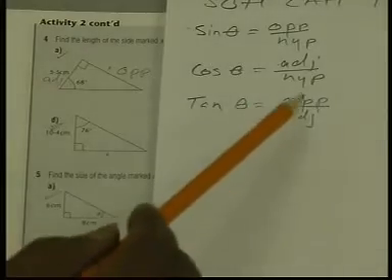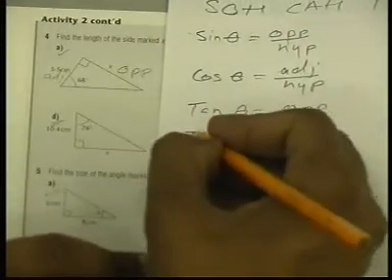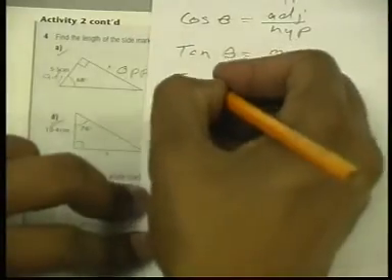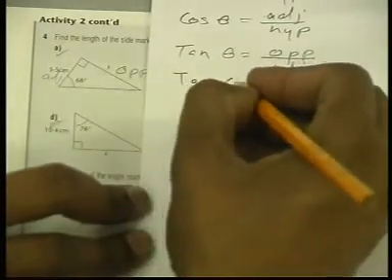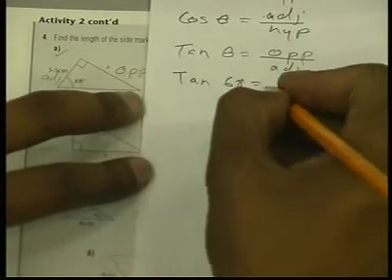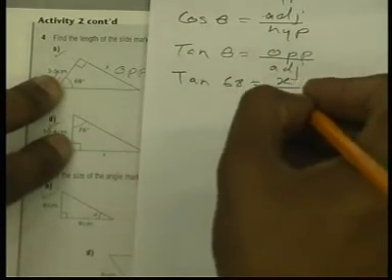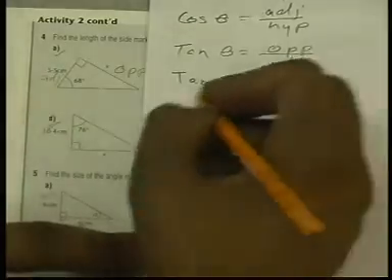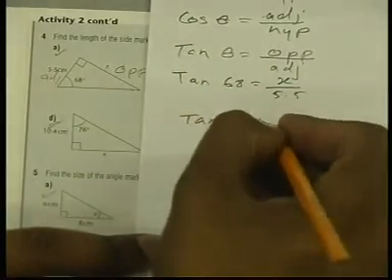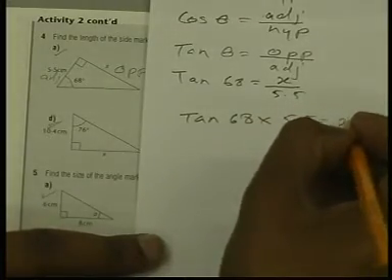The tan rule is the only one that uses opposite and adjacent. So tan 68 is equal to opposite, which we don't know, over adjacent, which is 5.5. So tan 68 times 5.5 is equal to x.